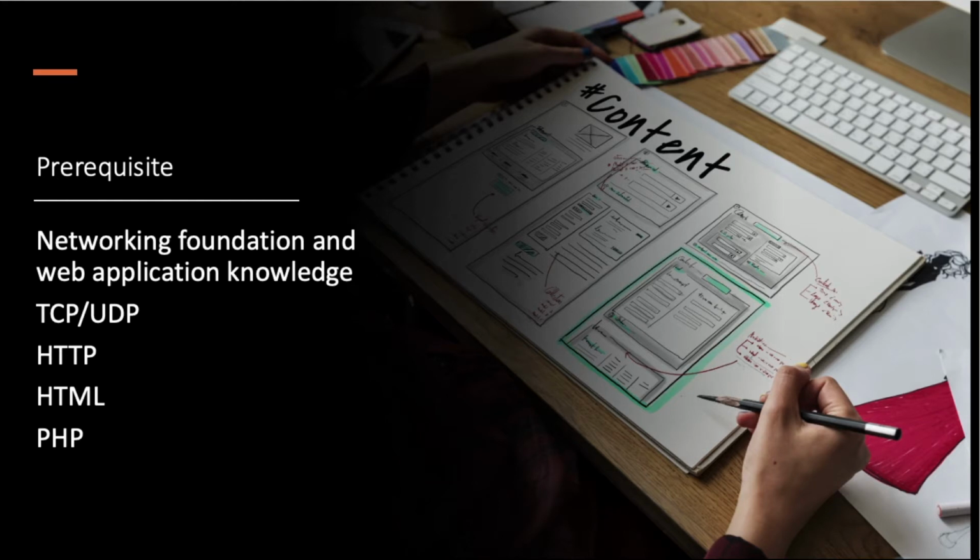Then for web application, you need to know the technologies used, like PHP and HTML. For example, if you want to review a web page, you need to know how to go through the source code and see what information you can use during the information gathering phase of your pen test.